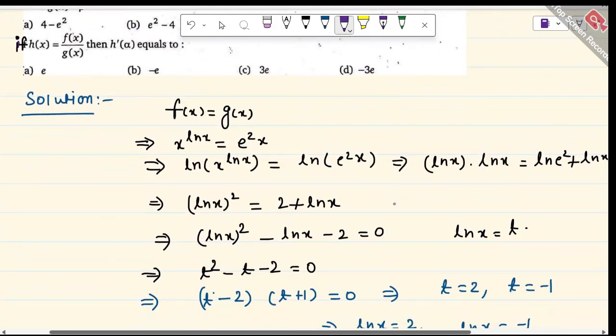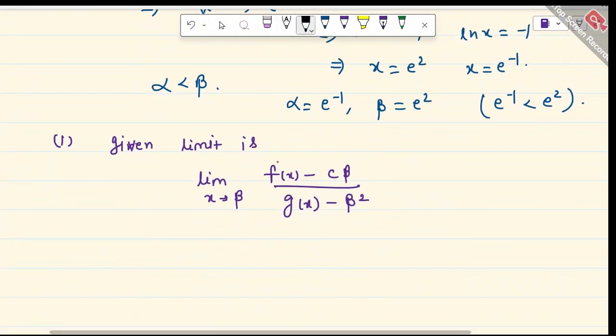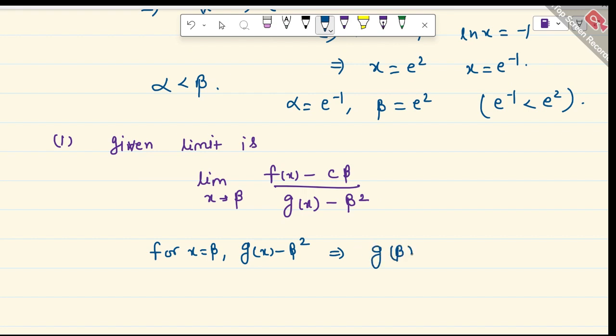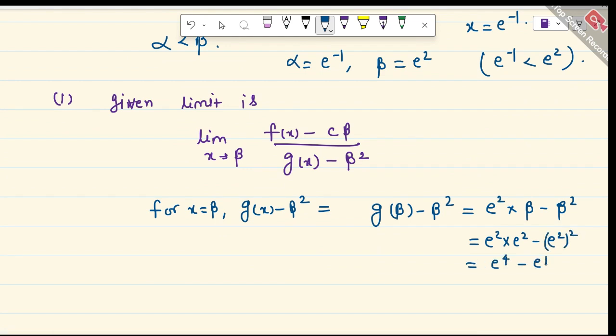Now we observe that in the denominator g(x) minus beta square, for x equal to beta, this is g of beta minus beta square, and g is e square x. So this is e square times beta minus beta square, and beta is e square. So this is e square times e square, which is e raised to power 4, minus e raised to power 4, which is 0.